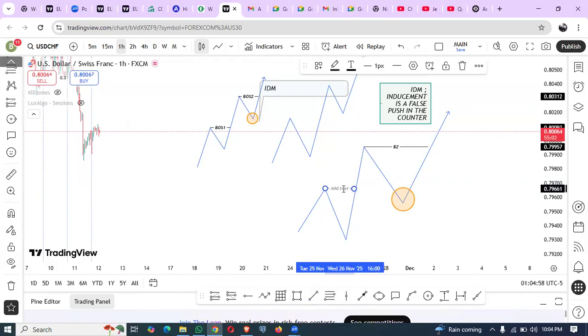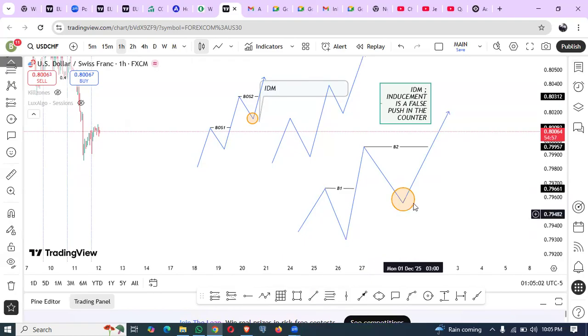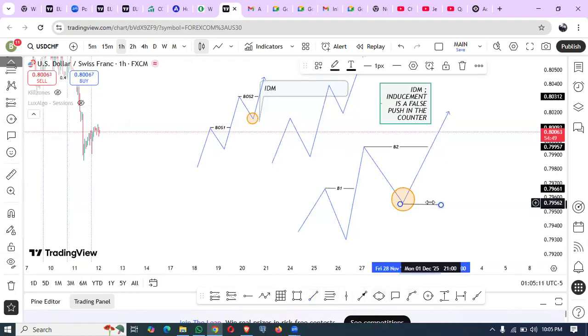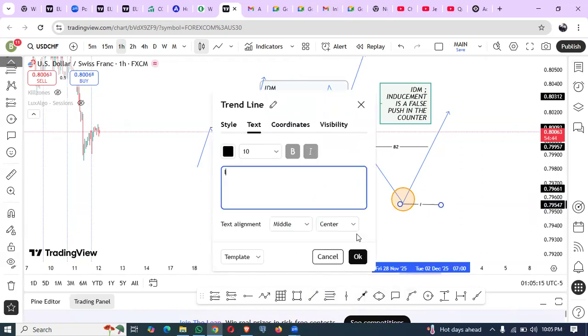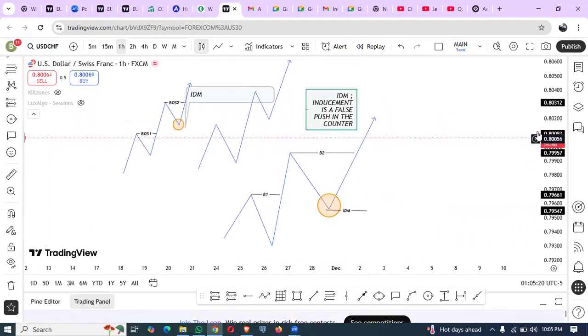Then this origin of the second break of structure now is what we call your IDM.